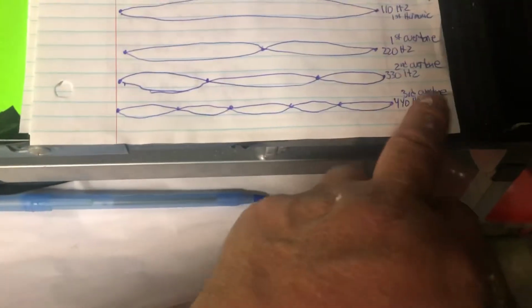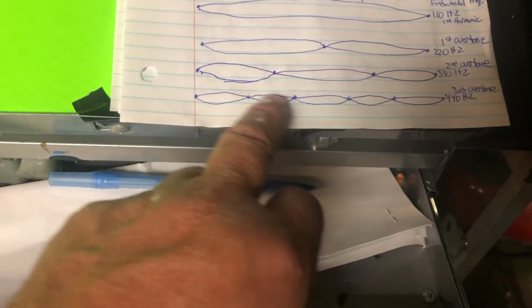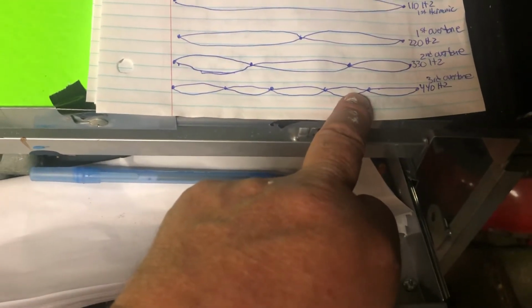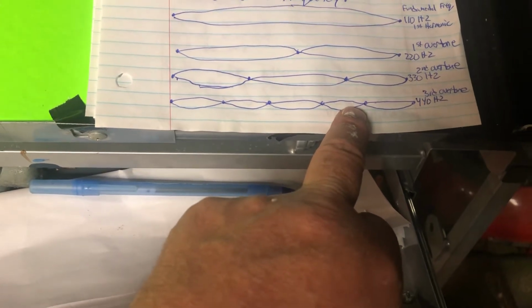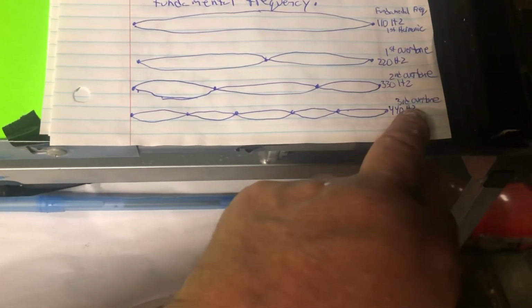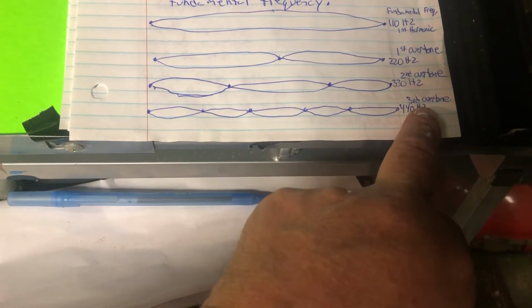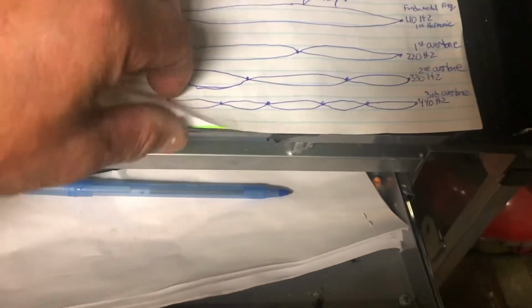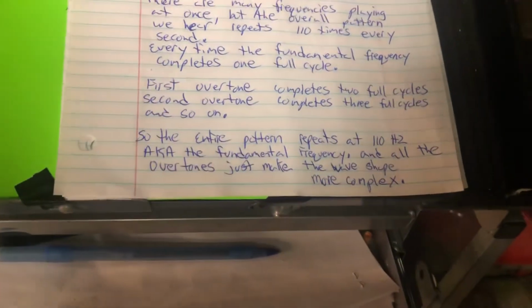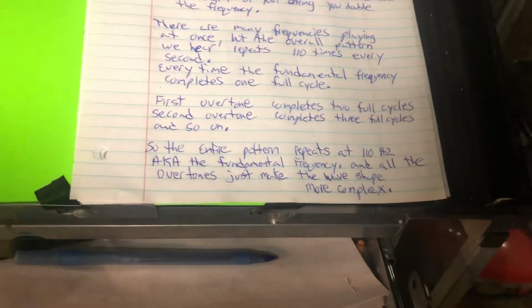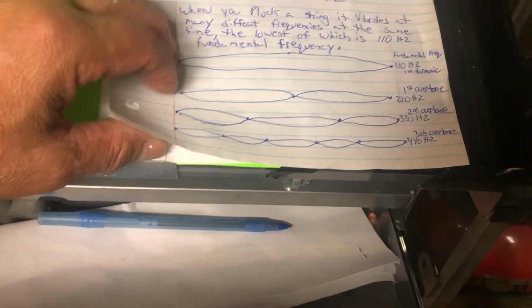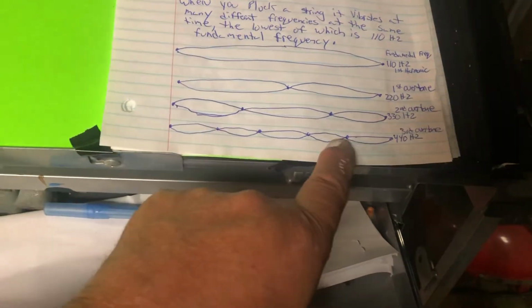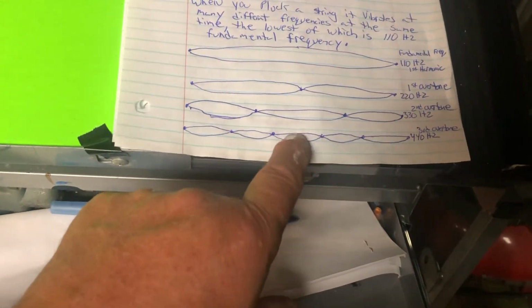And the third overtone is 440 hertz. You'll have 1, 2, 3, 4 points. I drew the same one, so that's drawn wrong, but that would be 3 nodal points at 440 hertz.